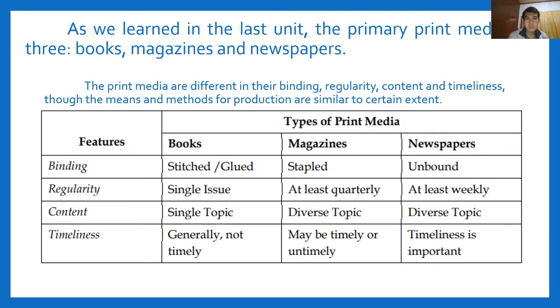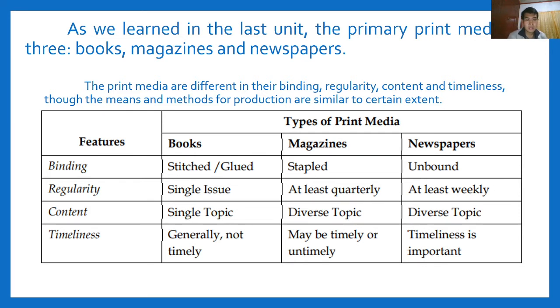As we learned in the last unit, the primary components of print media are three: books, magazines, and newspapers. They are different in terms of binding, regularity, content, and timeliness. Though the means and methods of production are similar to a certain extent, you can see on the table that they're different.